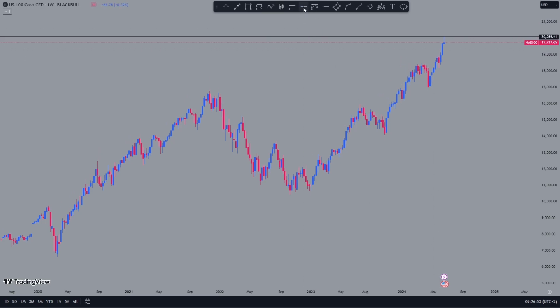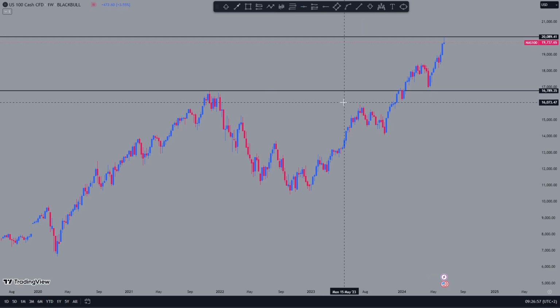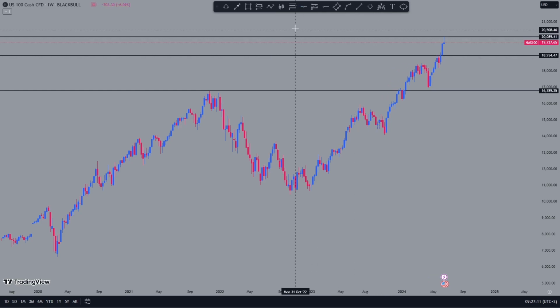The market respects those zones very well. Nasdaq also respects trend lines, so if you know how to use trend lines, you should definitely use them on Nasdaq. They respect Nasdaq very well.